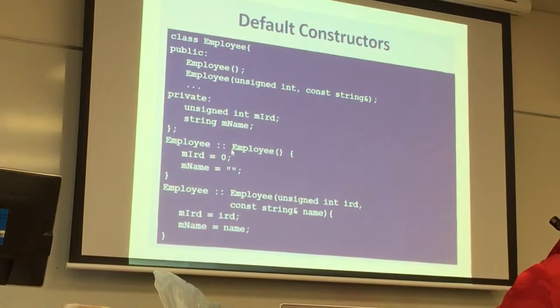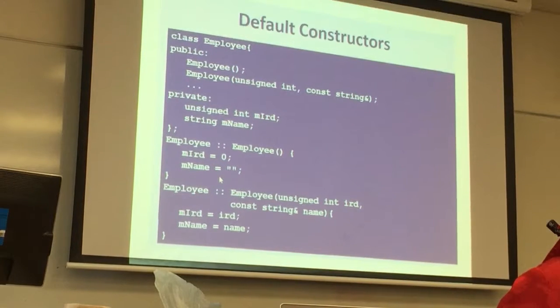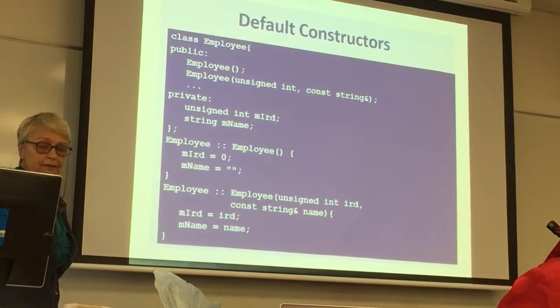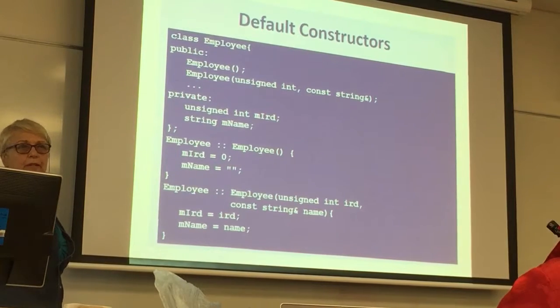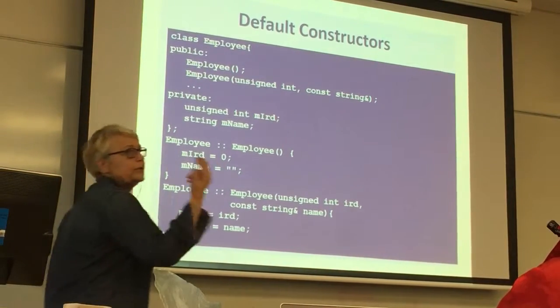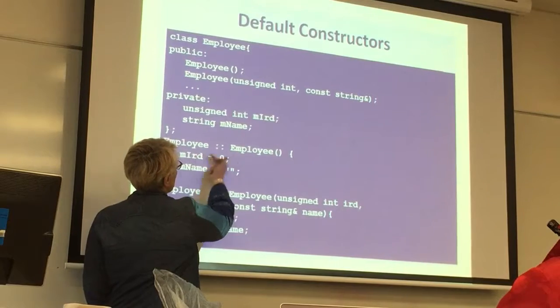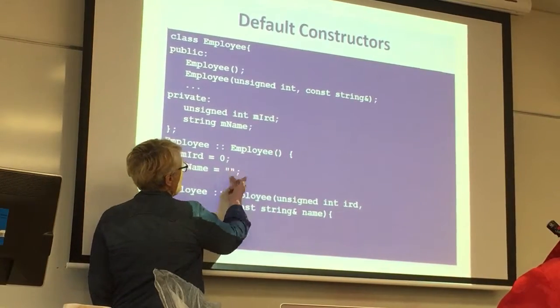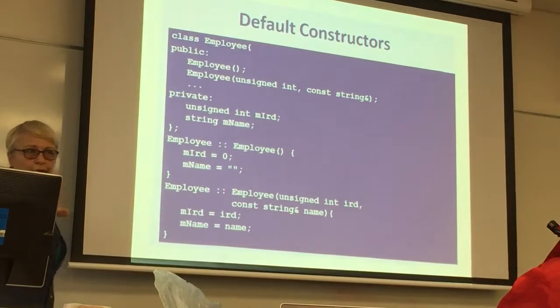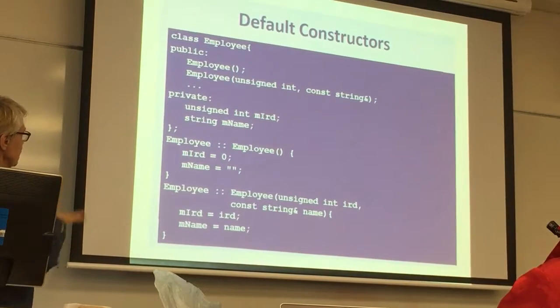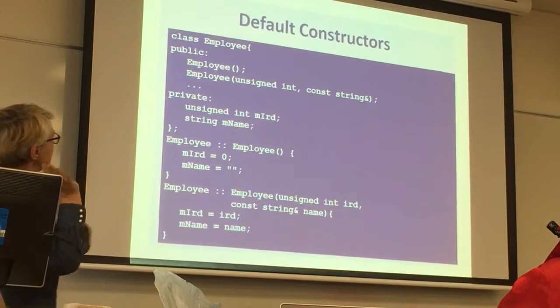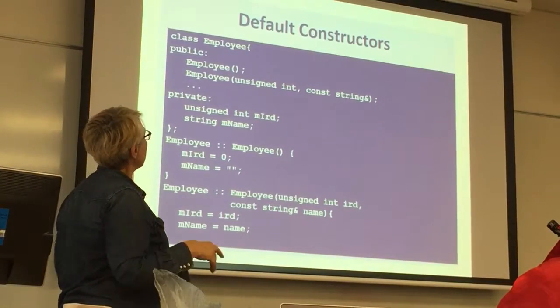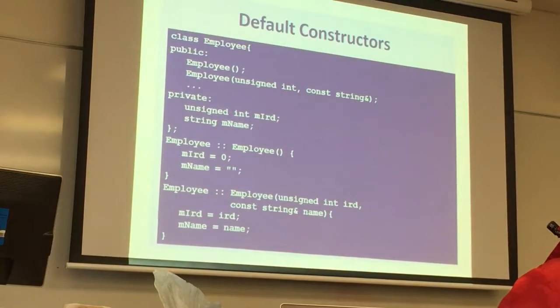And in general, a default constructor should emulate the way the default constructor provided by the system works. You work with default values: 0 for integers, and for the string, an empty string. These are the default values. Now, with this in place, we can declare variables of employee type in 2 ways.